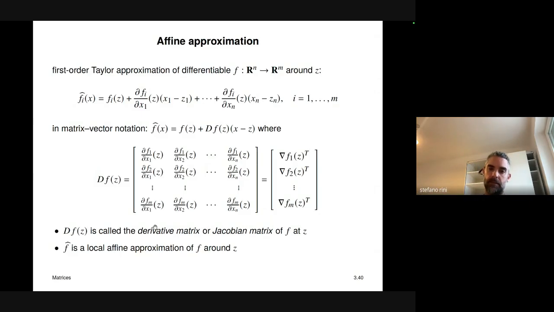When you studied it in high school, when you did the transformation of variables, this was the Jacobian matrix. But now that you grow up, you're engineers, you have a student ID from Jota, you can simply call this the derivative. There is no need for a specific name once you understand the generality of the operation. And f hat is a local affine approximation.